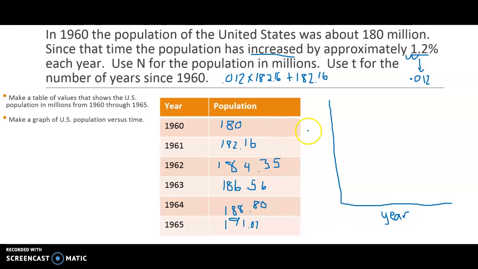My second column is the population, and that is my vertical axis. That is the output of the function. So my beginning year is 1960, and then 61, 62, 63, 64, 65.